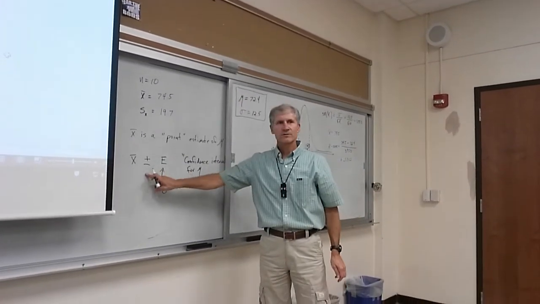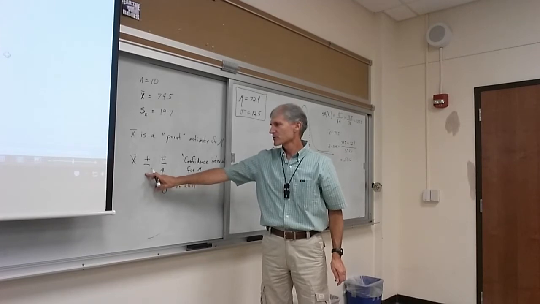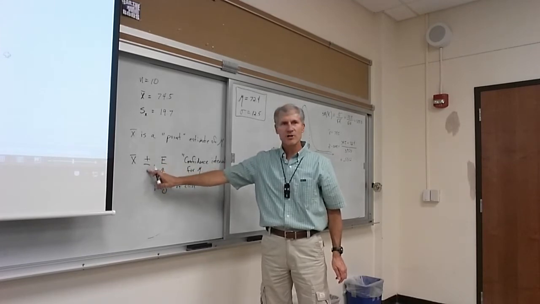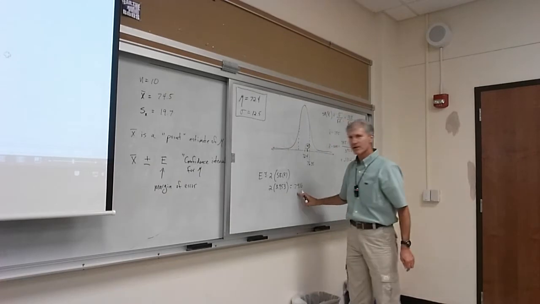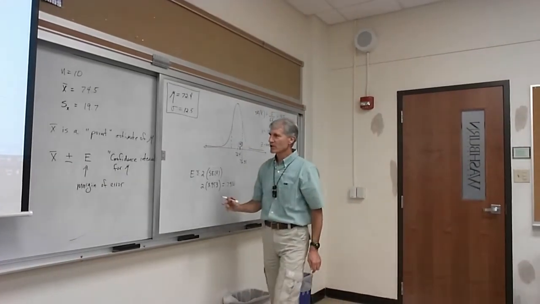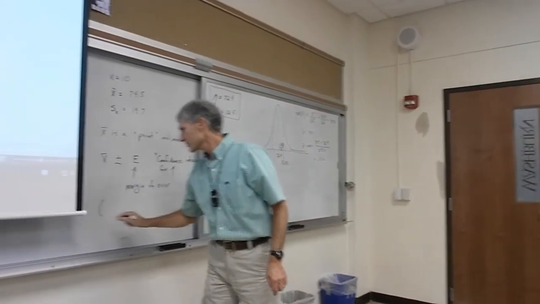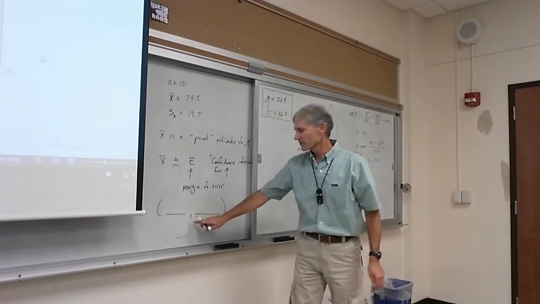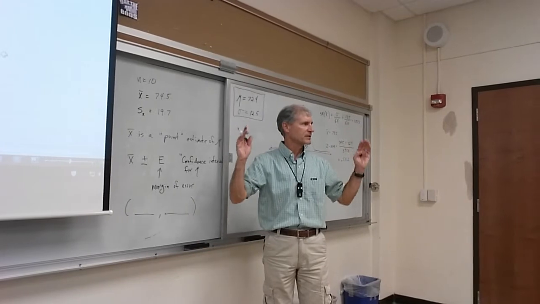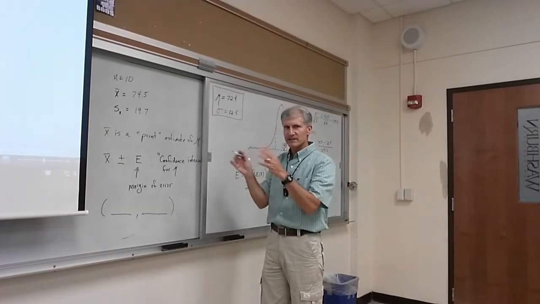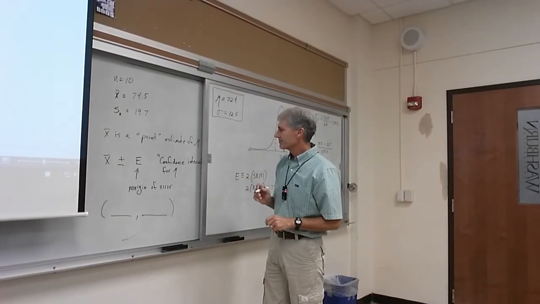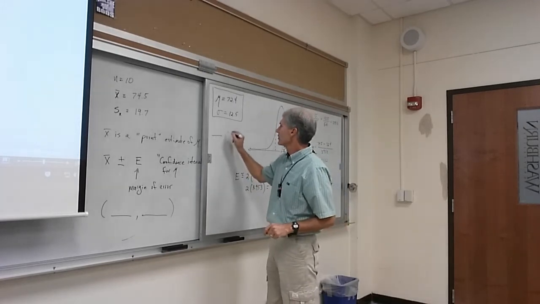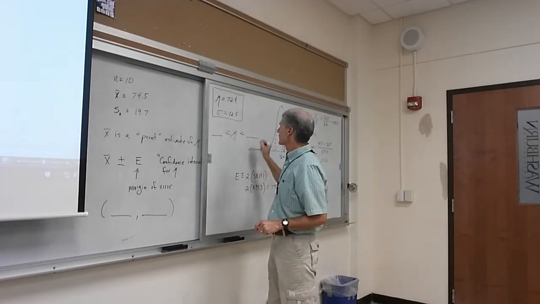Now form the interval. Take x bar, add and subtract that margin of error, and give me the interval. And I will tend to write intervals in interval notation with lower bound, comma, upper bound, all in parentheses. But you could also do it with less than symbols, like that.